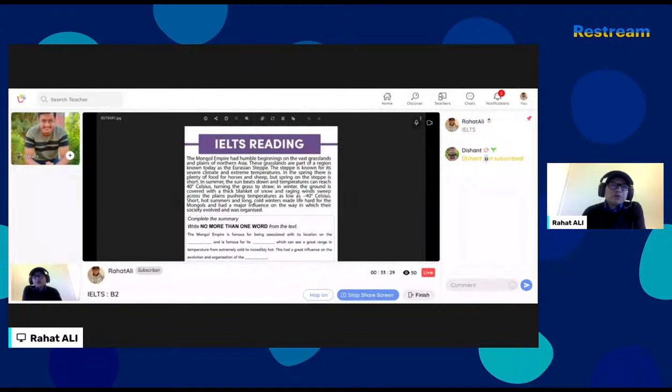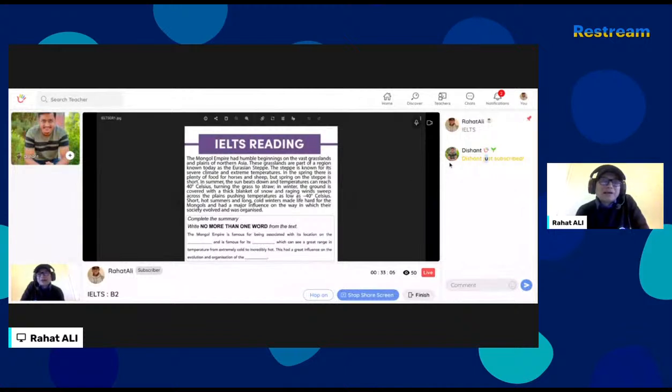It's all about the Mongol Empire. You can see, write no more than one word from that text. So, which means that when you're reading, you must choose the most suitable word that matches here on this blank.